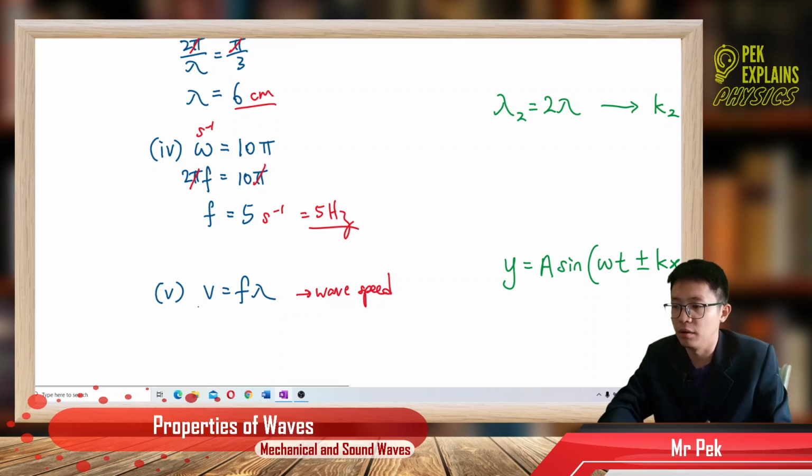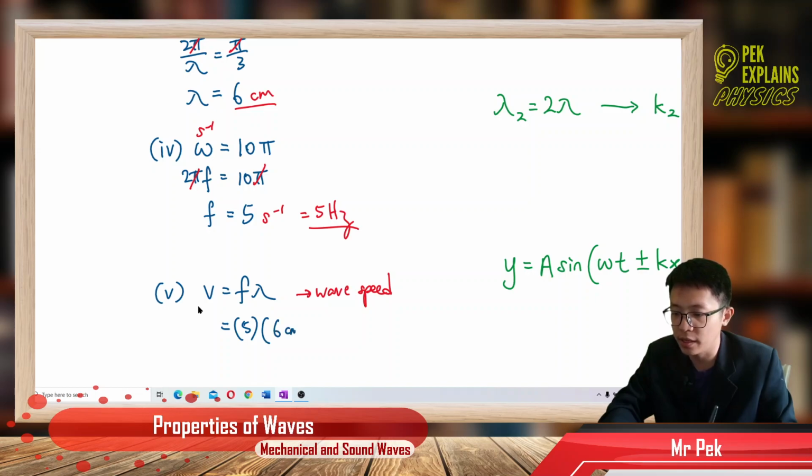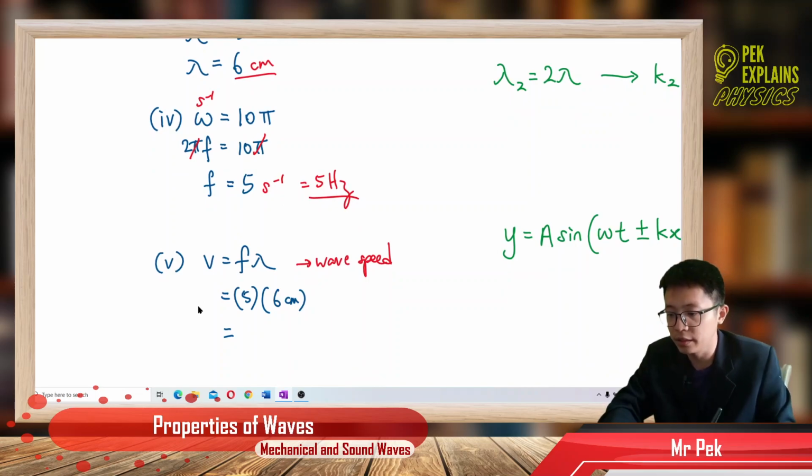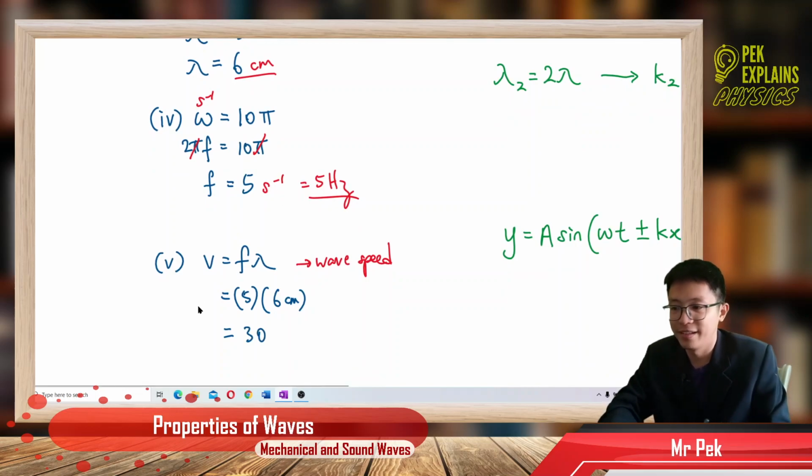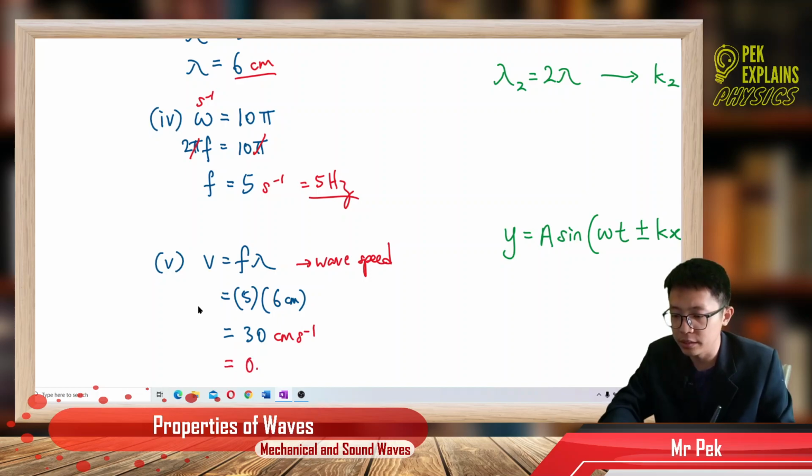My speed of wave is 5 times λ, which is 6 cm. So the speed of wave is 30. Is it meter per second? No, because my λ is in cm. So it's actually 30 cm per second. If I want to change to meter, it is 0.3 meter per second.